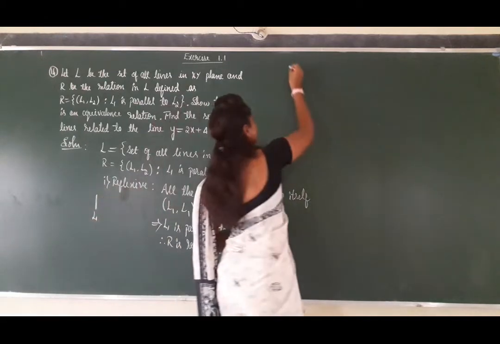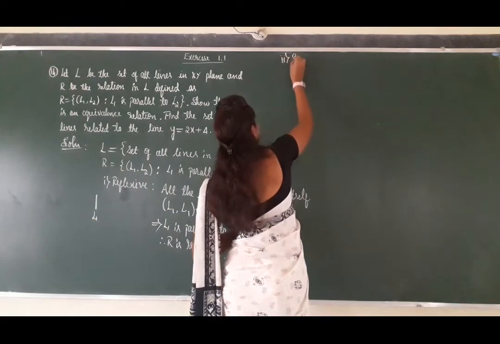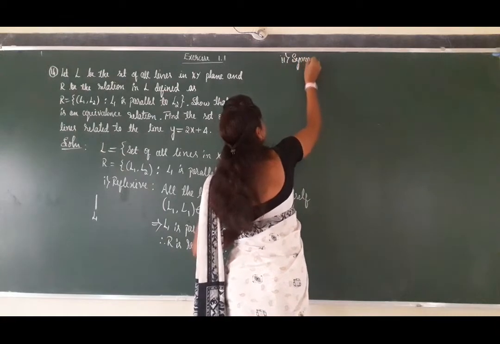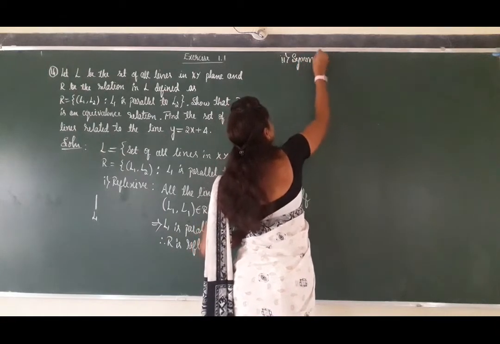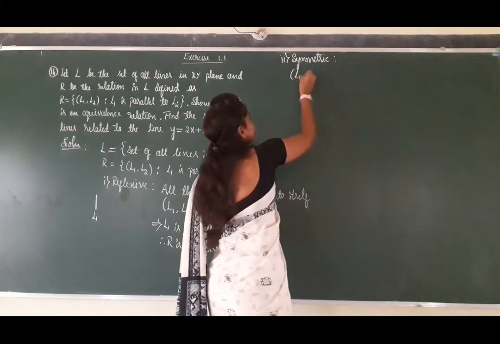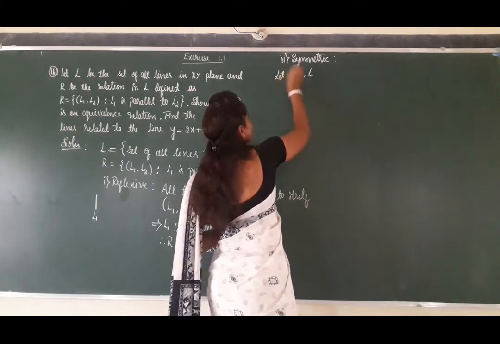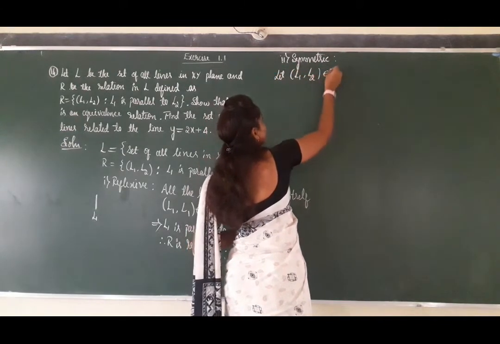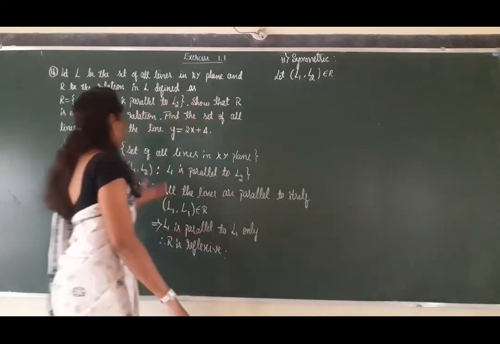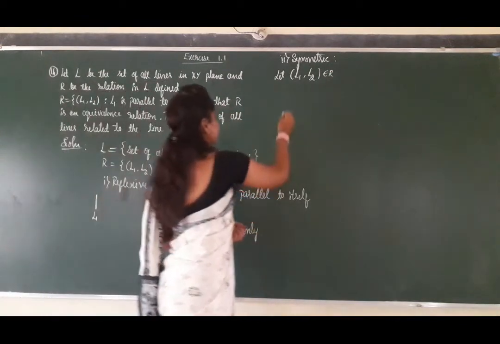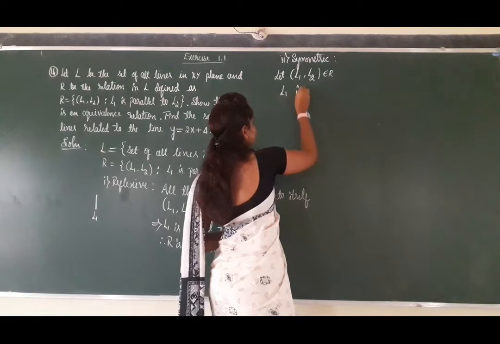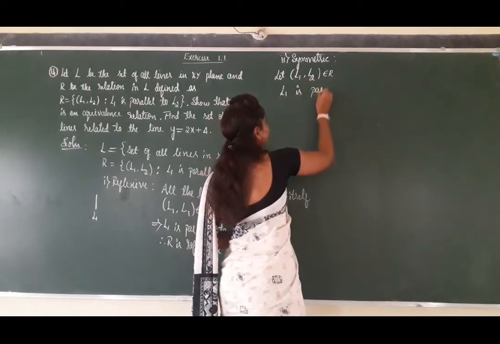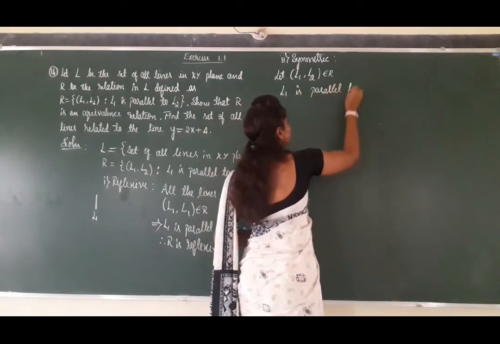Move to the second one, symmetric. For symmetric, I am taking L1, L2 belongs to R. L1, L2 belongs to R means L1 is parallel to L2.